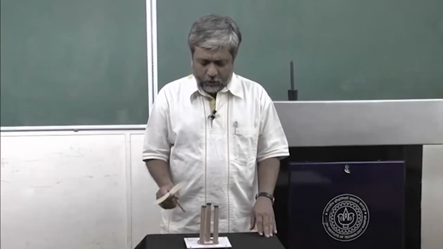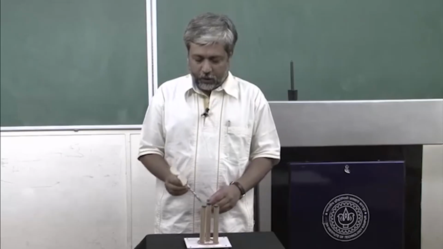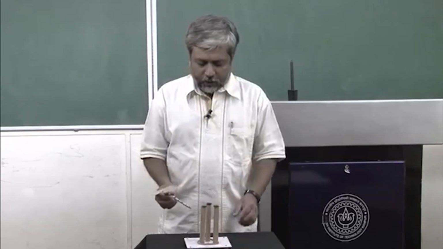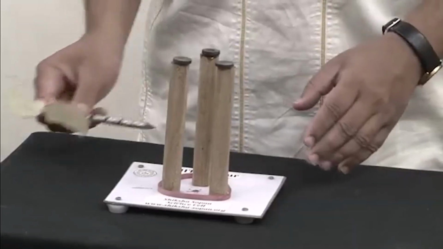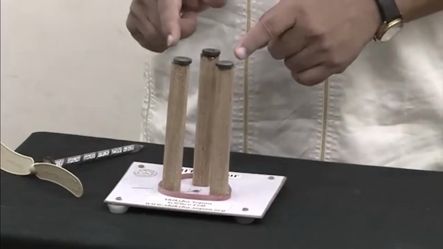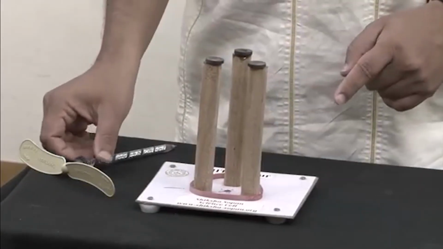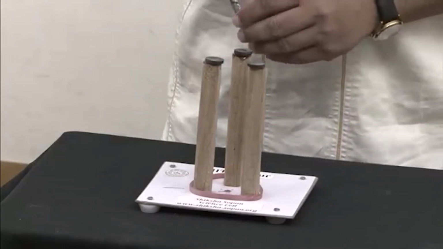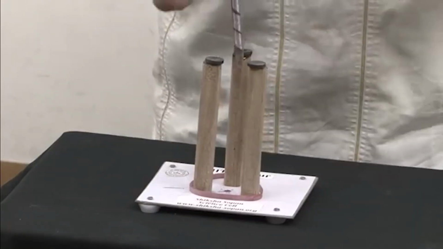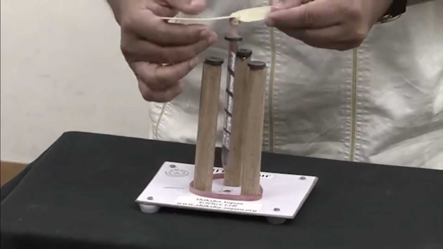When we talk about equilibrium in ionic bonding, I can give you an analogy. Suppose you have three atoms at atomic positions, and a fourth atom is going to come in between.